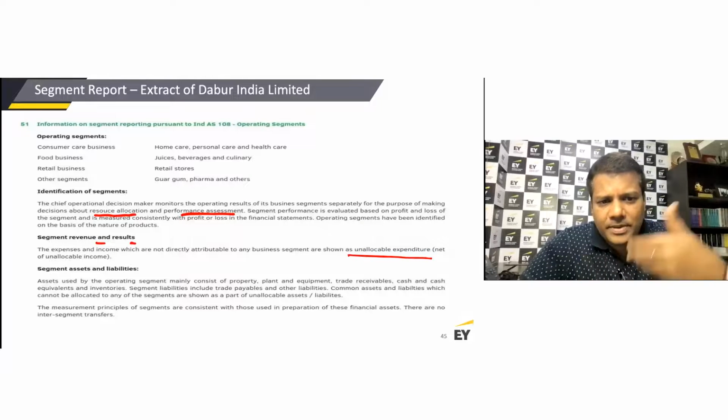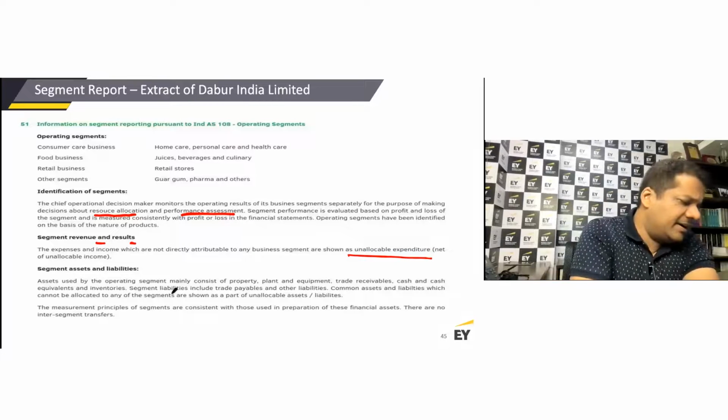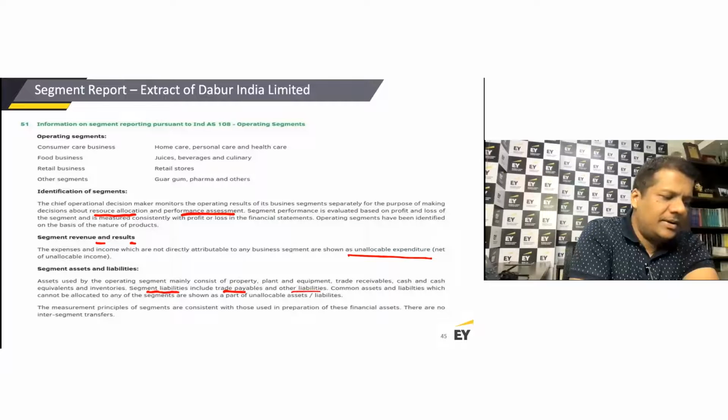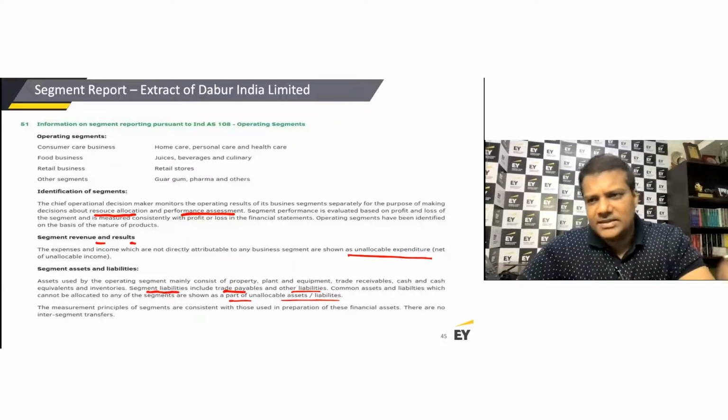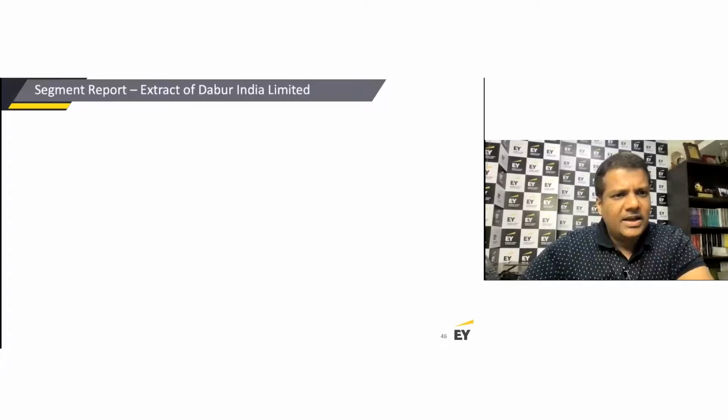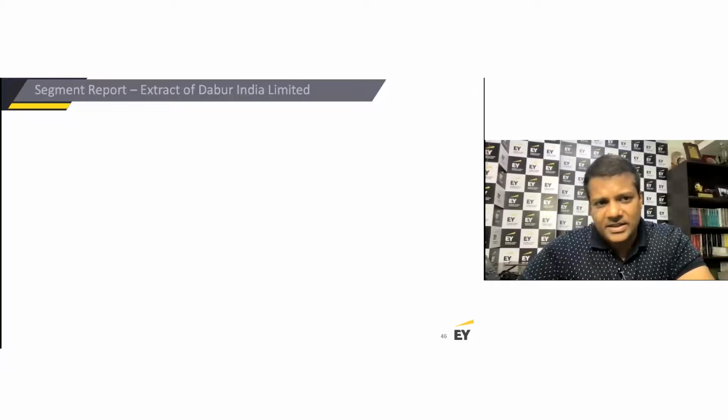Segment assets are your property, plant and equipment, trade receivables, cash and cash equivalents, all of that. Then you have segment liabilities, which are your trade payables and other liabilities. Then there are common assets and liabilities, which are called unallocable. The measurement principles are consistent with those followed for the financial statements. There are no inter-segment transfers in their case.